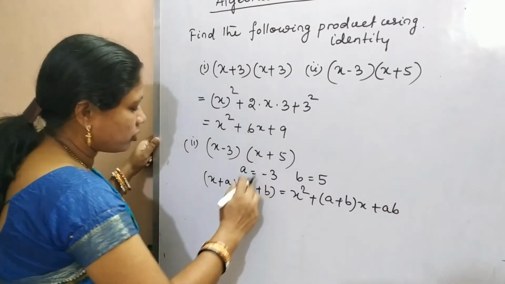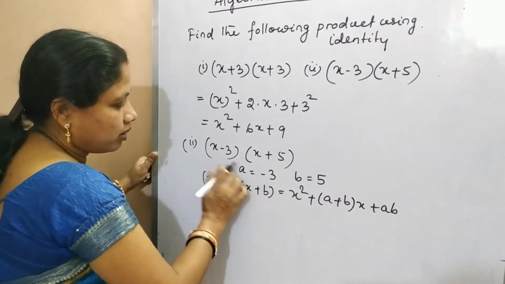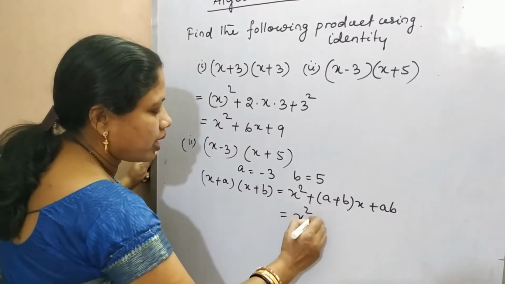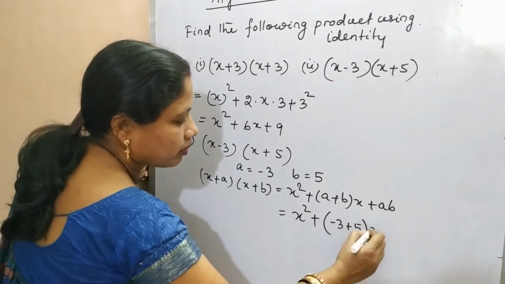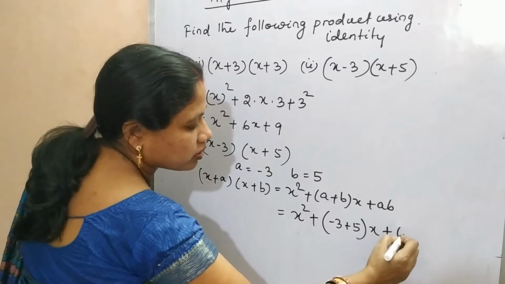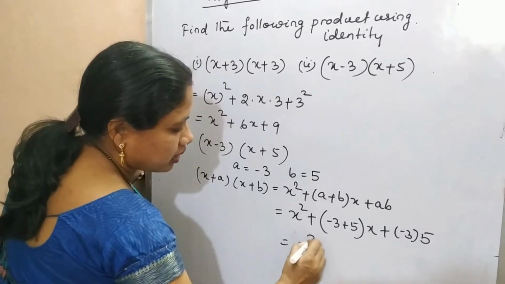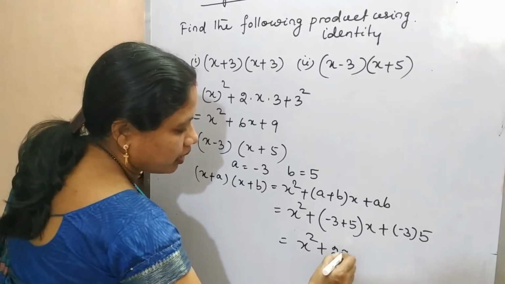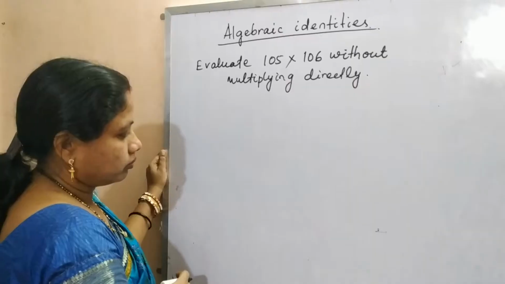So now you put the values. This is equal to x² + (−3 + 5)x + (−3 × 5). So the answer is x² + 2x − 15. So this is the answer.